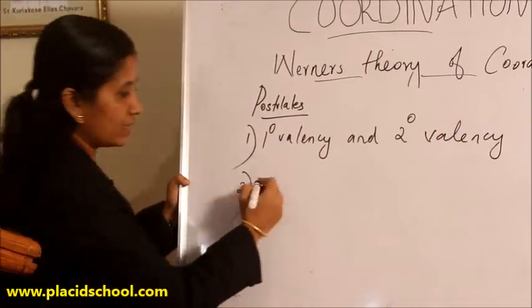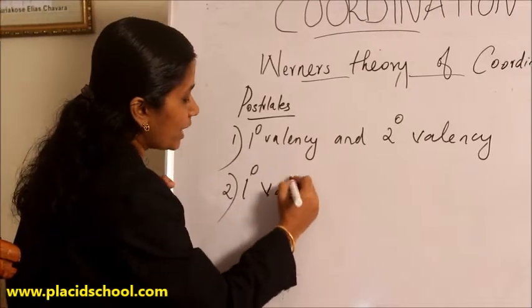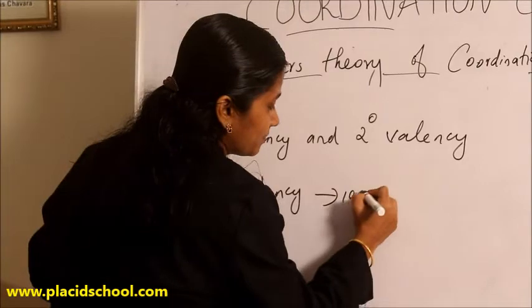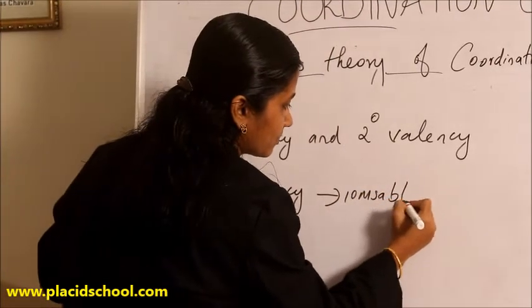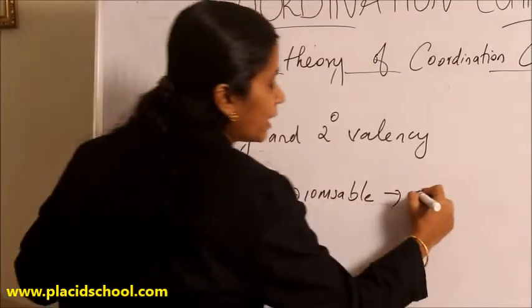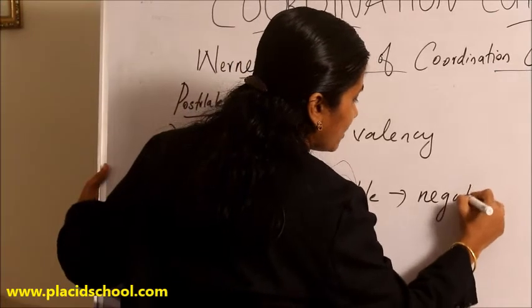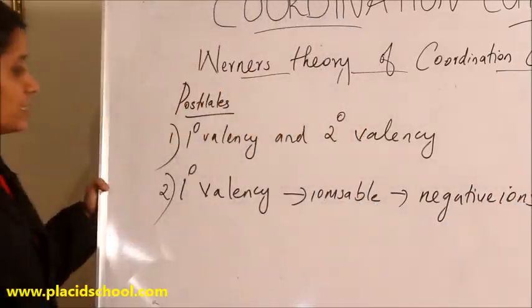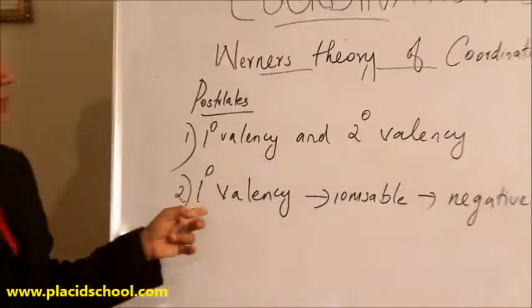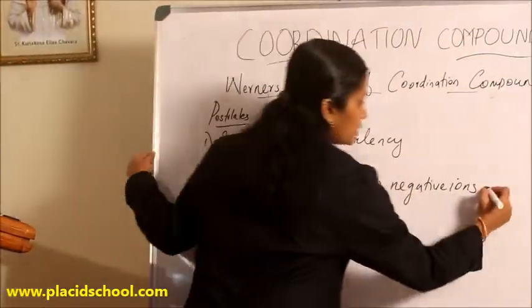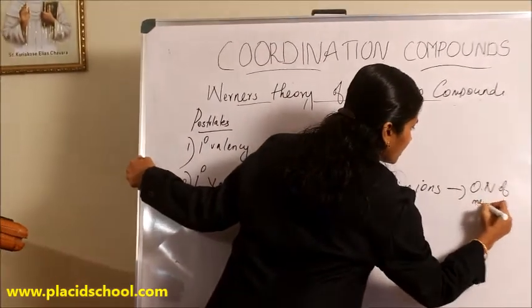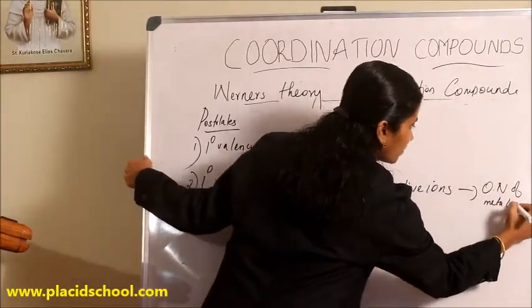Second postulate: primary valency is ionizable and is satisfied by negative ions, and in modern terminology the primary valency refers to the oxidation number of the metal ion.